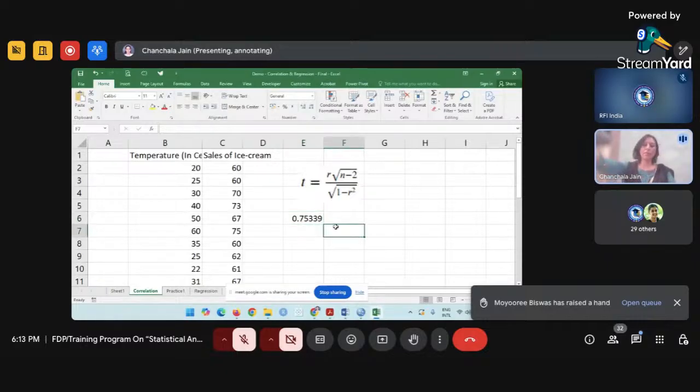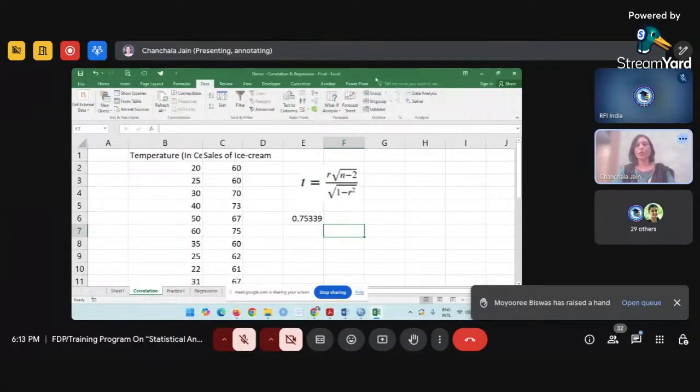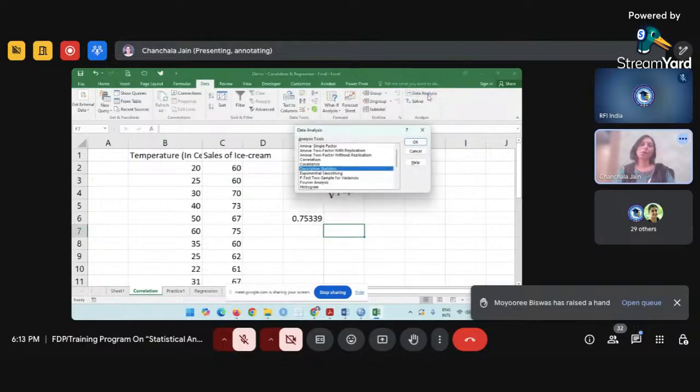Second, now we will talk about the second way of getting the correlation. For that you need to go to the data tab, click on data analysis toolpack and select correlation.